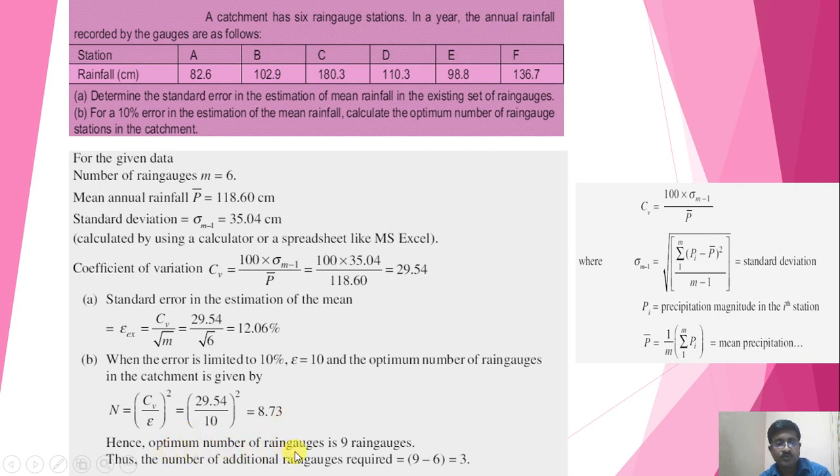Hence the optimum number of rain gauges is 9, and thus the number of additional rain gauges required is 9 minus 6, which is equal to 3. So 3 additional rain gauges are required.